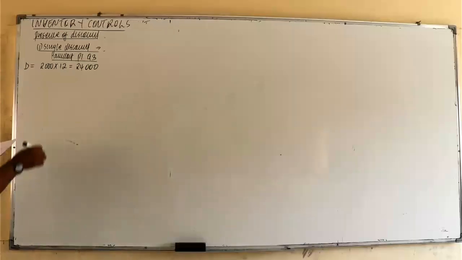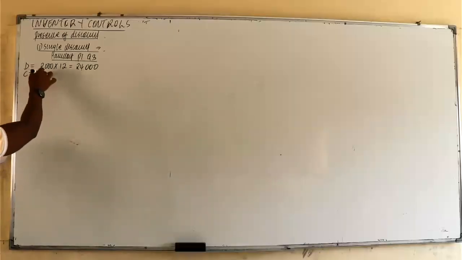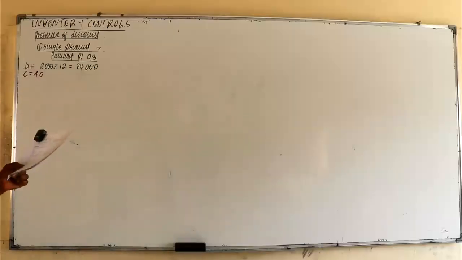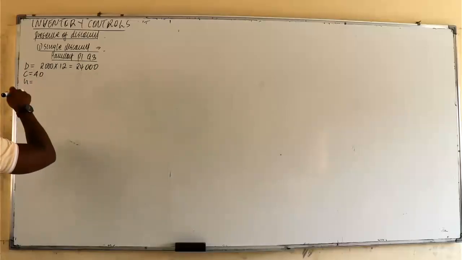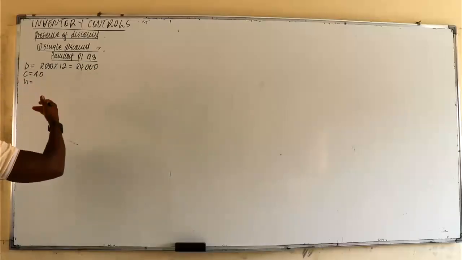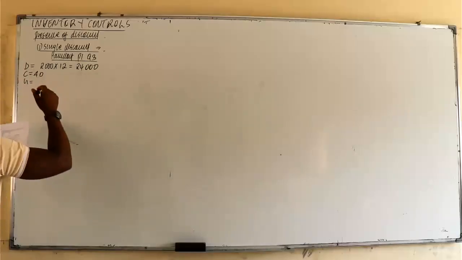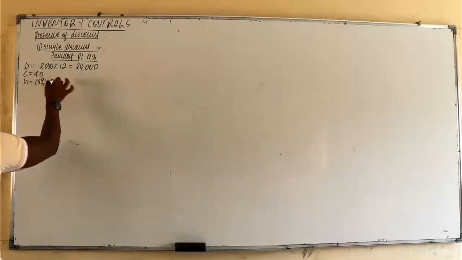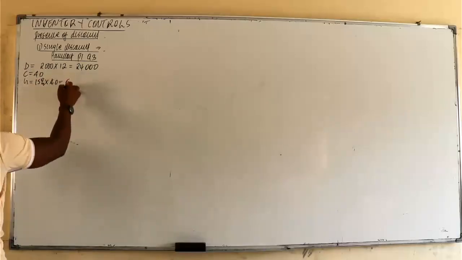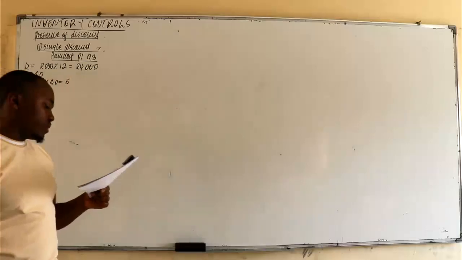Each costing 40, so C is 40. Cost of capital is 15%. If you're given the cost of capital, that gives us the holding cost. To get the holding cost, you take the cost of capital times the purchase cost. So we take 15% of the purchase cost, which is 40, and you get an amount of 6.